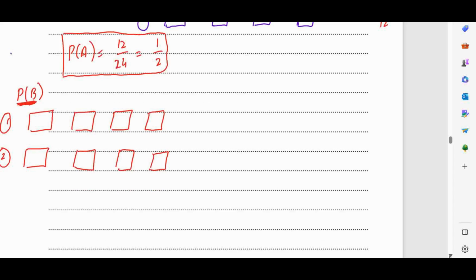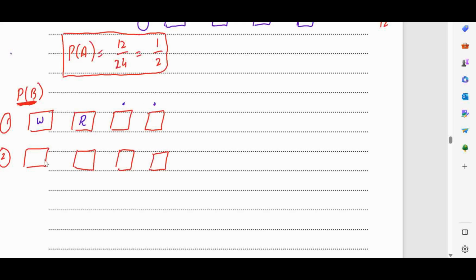So as per the condition that the red marble is on the left side of both green and yellow, the first possibility is that red marble can be over here, and here there must be white marble, because green and yellow marble must be over here in these two boxes.